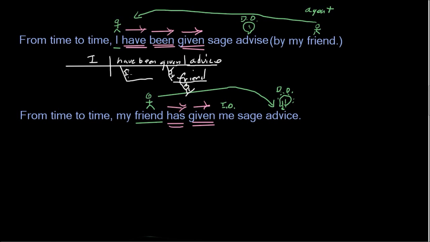And from time to time is an introductory phrase, an adverbial phrase, and it's modifying our 3 verbs, have been given. From time, prepositional phrase. To time, another prepositional phrase.